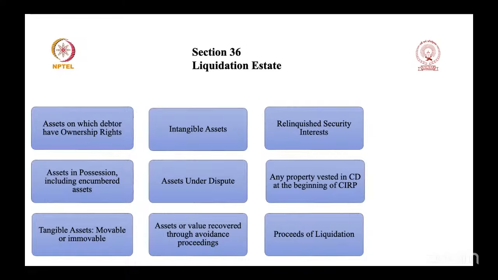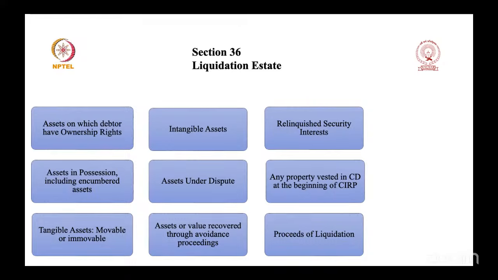These are 4 transactions which are commonly named as avoidance transactions, which can be avoided by the liquidator with the help of an order from NCLT. The moment an avoidance order is passed by NCLT, the assets which are recovered as part of these avoidance proceedings will now be part of the liquidation estate, and therefore those can be sold by the liquidator. Lastly, proceeds of liquidation will also form part of the liquidation estate.